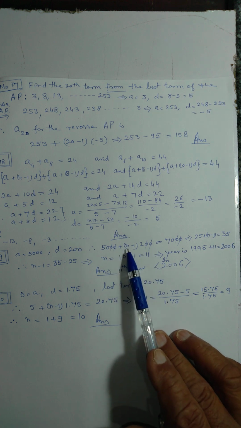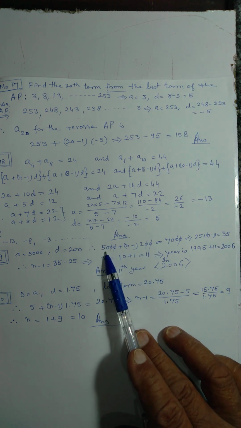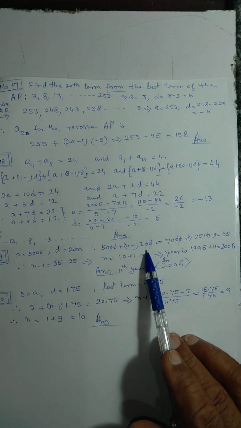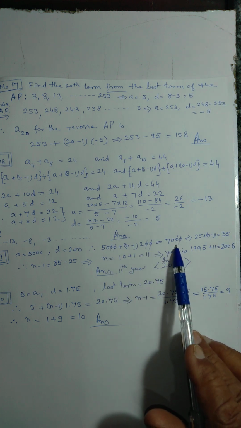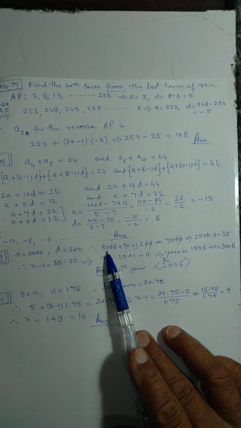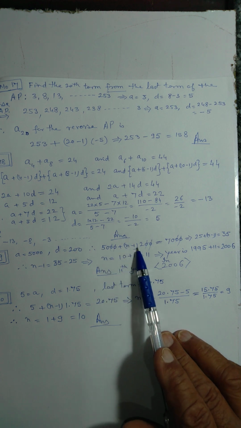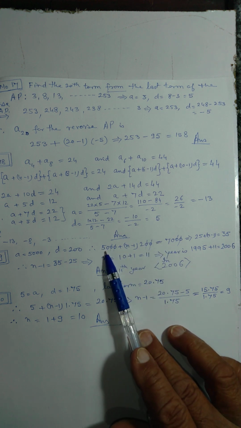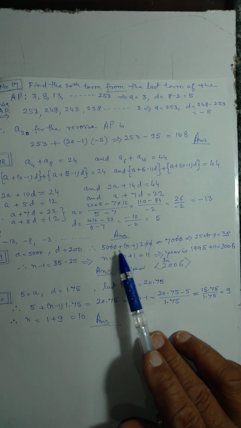So solve it here. You will get, you see, I have cancelled two 0s from this, two 0s from this, two 0s from this. So we are left with 50 plus n minus 1 into 2 equal to 70. Again I have divided it by 2, both sides, left and right side.